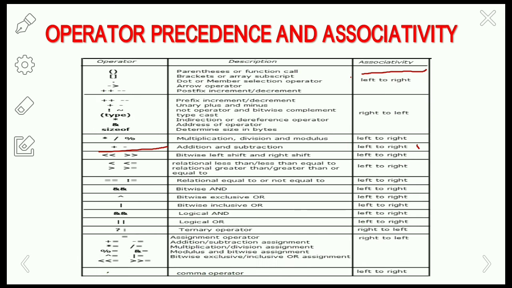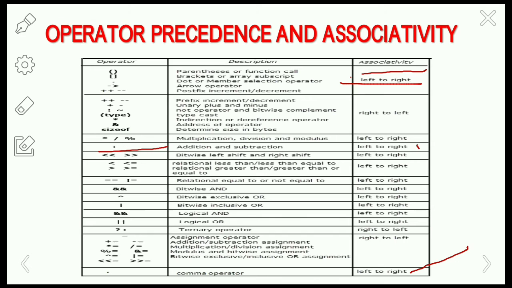This is the operator precedence and associativity table. The operators with the highest precedence appear at the top of the table, and those with the lowest precedence appear at the bottom. Within an expression, higher precedence operators will be evaluated first.